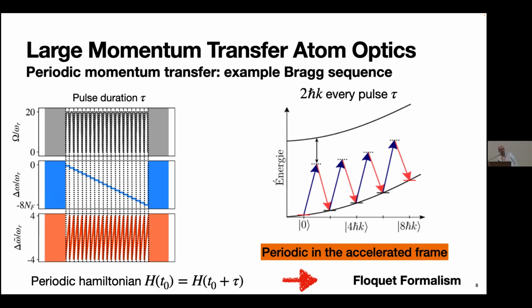If you go in this frame, which corresponds to the subtraction of a linear slope here, you end up with a phase of the lattice which follows a sawtooth function, which is periodic. So you end up with a Hamiltonian which is perfectly periodic, and a very nice way to study these dynamical systems is to use the Floquet formalism. So this is what we did.